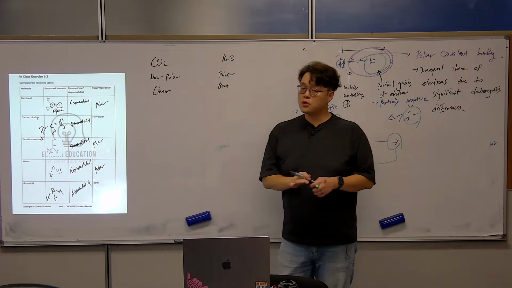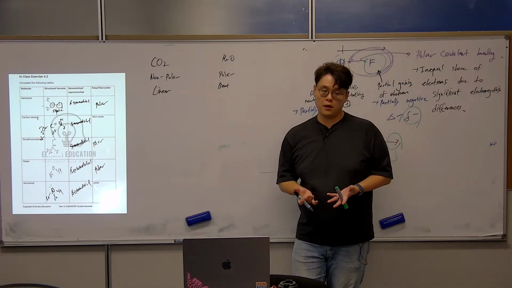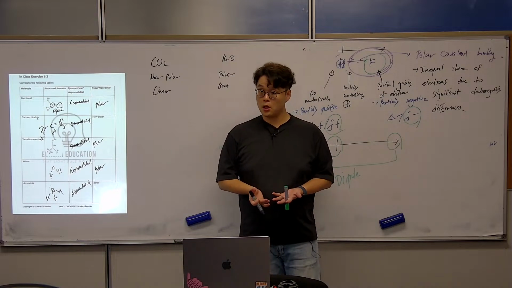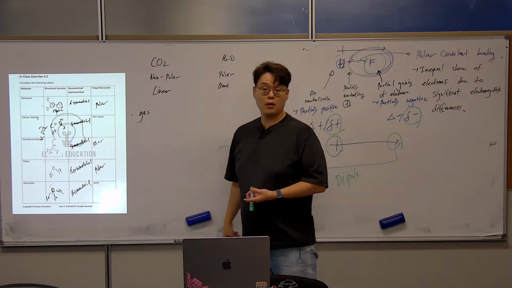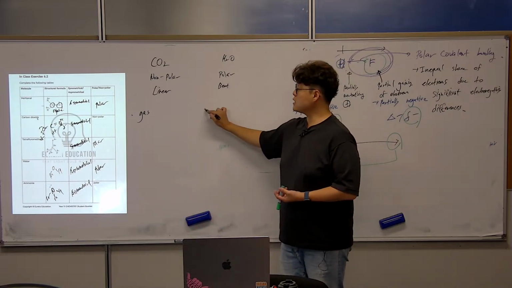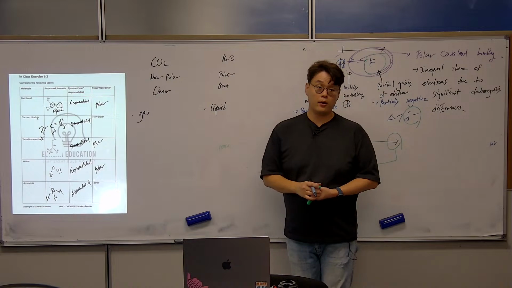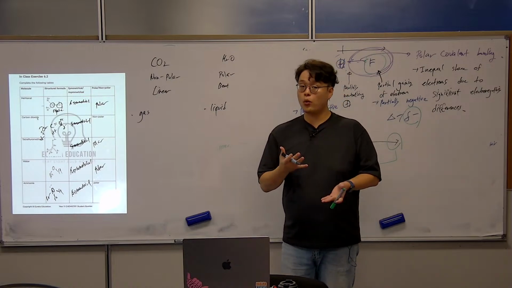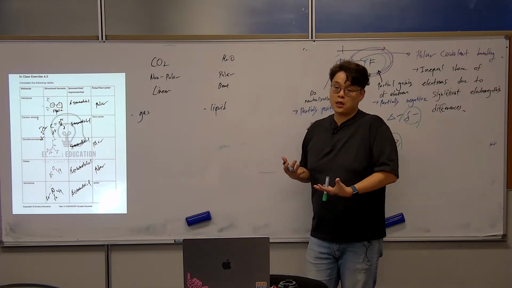Now, I want you to think about CO2 in everyday life. When we say CO2, carbon dioxide, at room temperature, what state does it come out in? The gas state. What about this? This comes as liquid. We get liquid water. Even though they look very similar, what makes one a gas and the other a liquid?